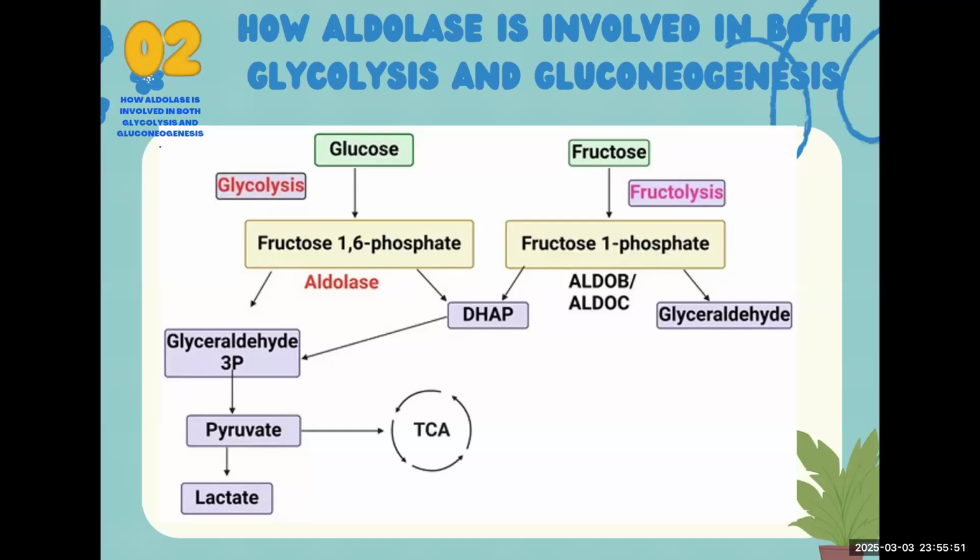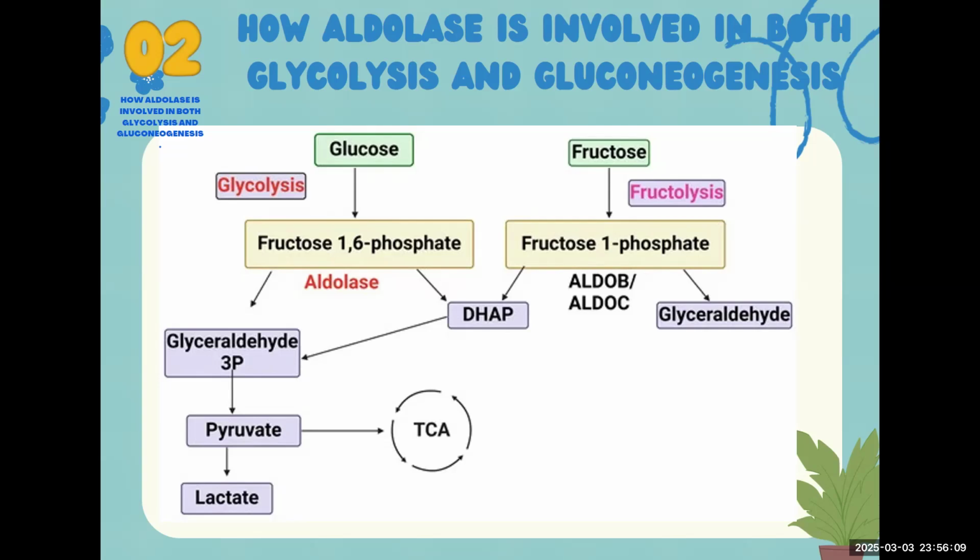In the process of glycolysis, aldolase starts to cleave fructose 1,6-bisphosphate into two molecules of 3 carbons.